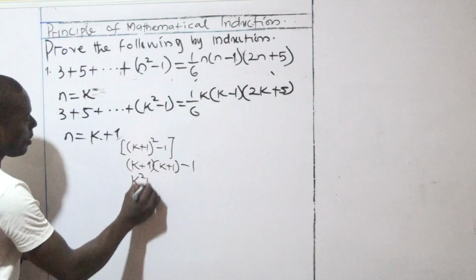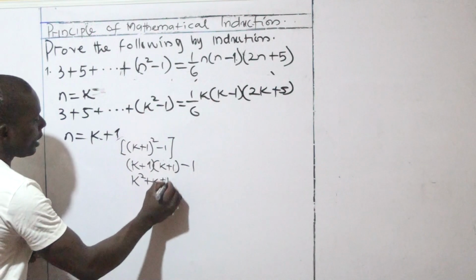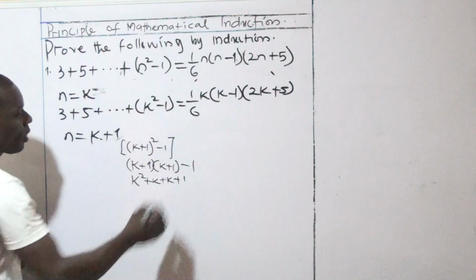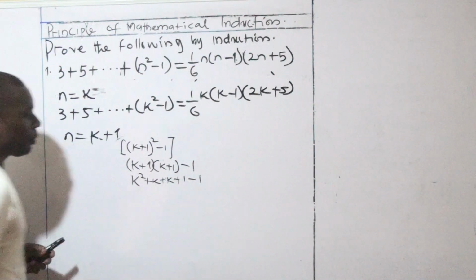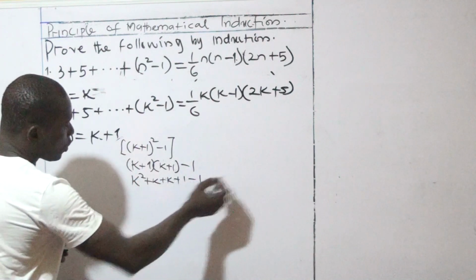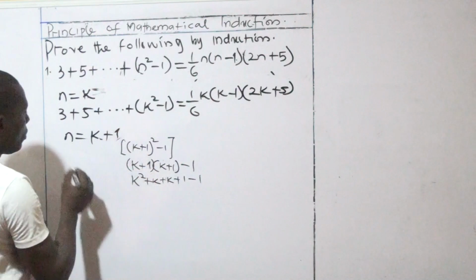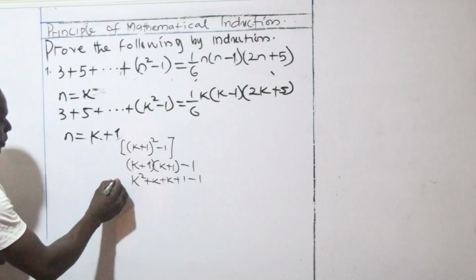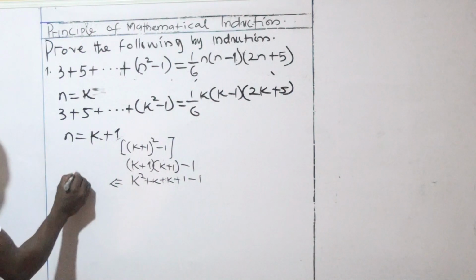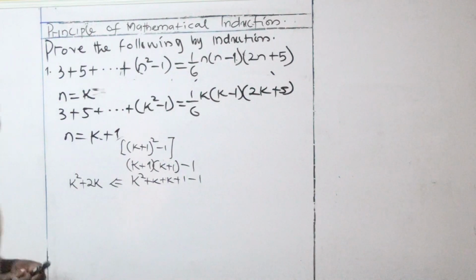K times 1, we have plus k. 1 times k, we have plus k. 1 times 1, we have 1. Minus this one that was there before. And you see that 1 minus 1 will be off, and who will be left? This expression becomes k squared plus 2k. Is that clear?